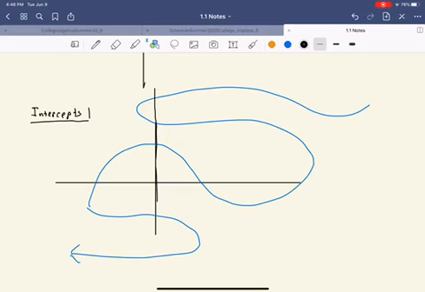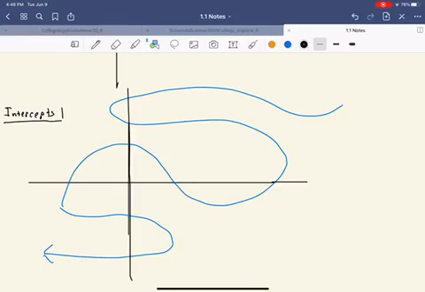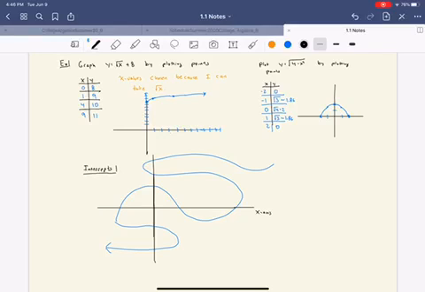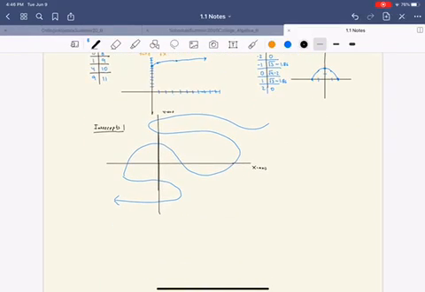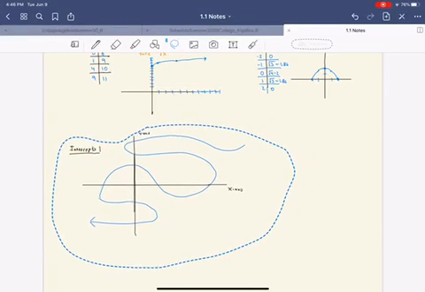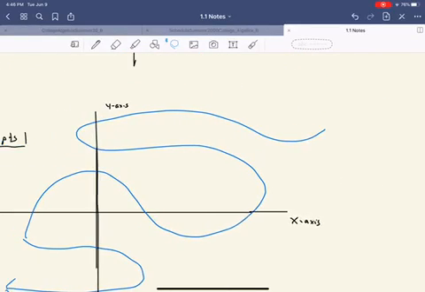So, what do we have? Well, here this is the x-axis, and here we have the y-axis. Let me zoom in. Let's actually move this down a little bit. Okay, so we have our x-axis and we have our y-axis.